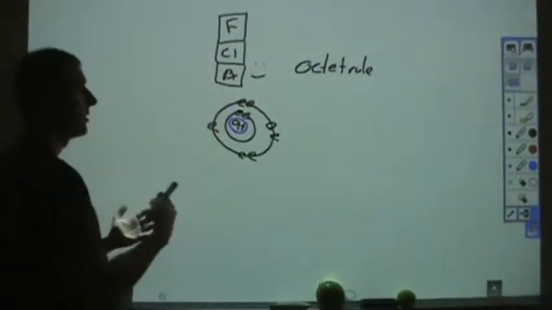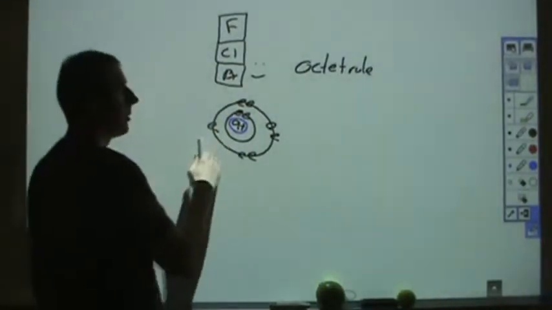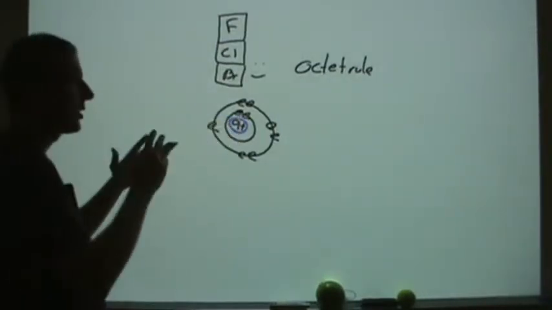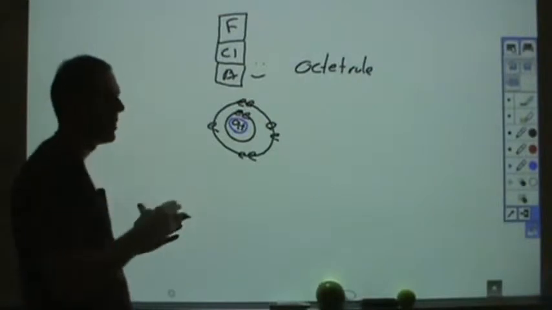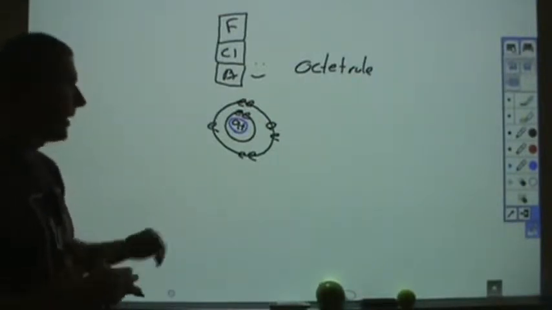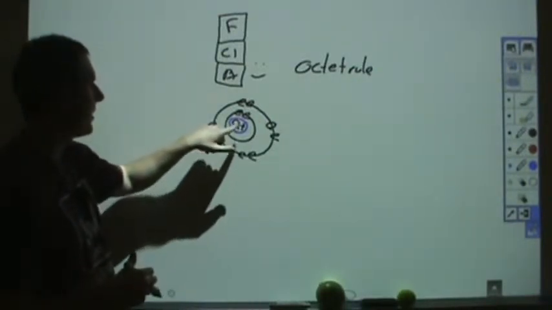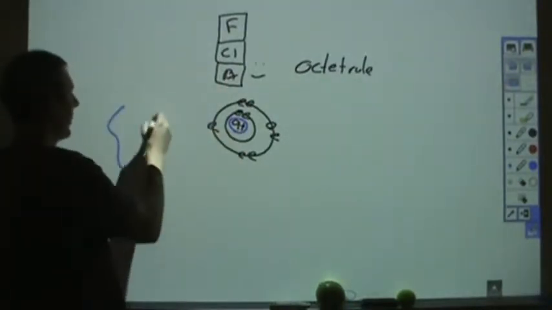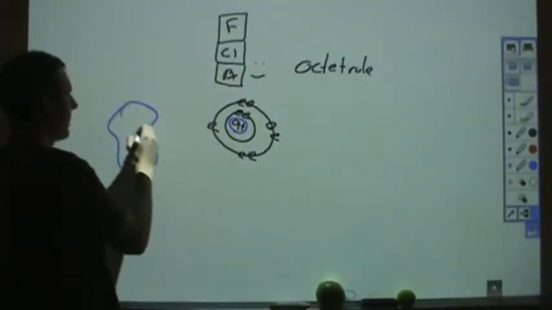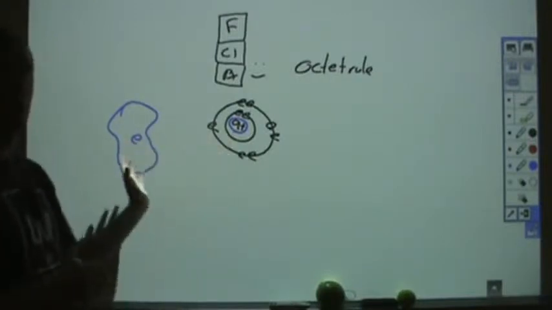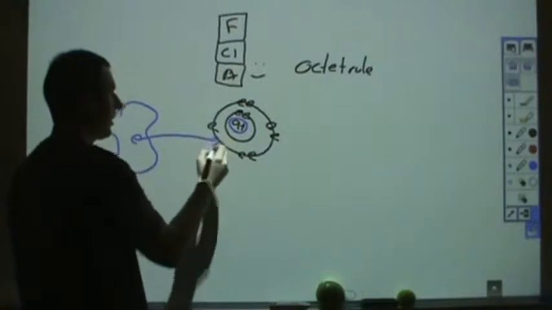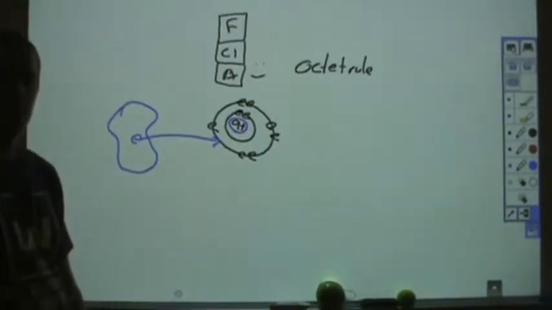The valence shell does not repel other electrons from coming in the same way that the 2 do here. The repulsion is minimized, and the net effect is that this is really, really good at taking electrons. So if I have something over here that has an electron, this will be really good at taking it. This comes along and takes an electron and brings it to here. Well, that gives it 8.